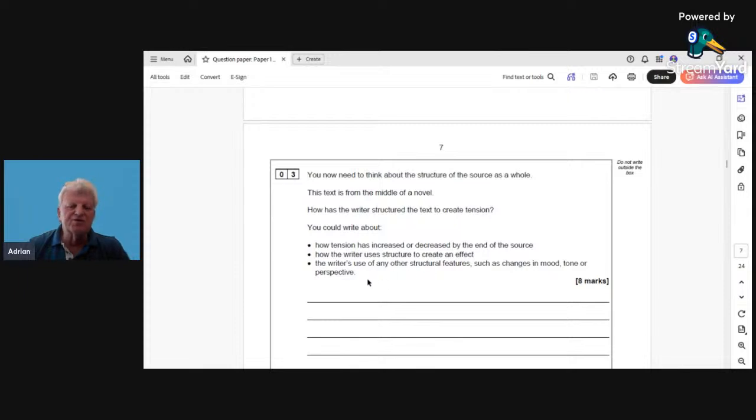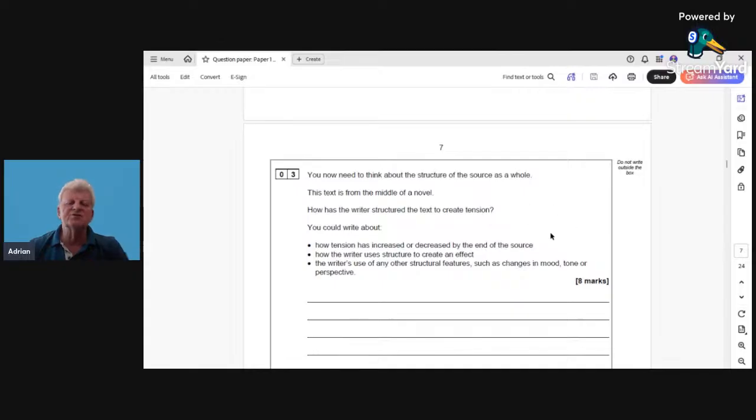The writer's use of any other structural features such as changing mood, tone or perspective. So you're getting several elements in this about how writers develop and build a story. And it's literally building, it's step by step. It's not about telling the reader, it's about showing the reader.